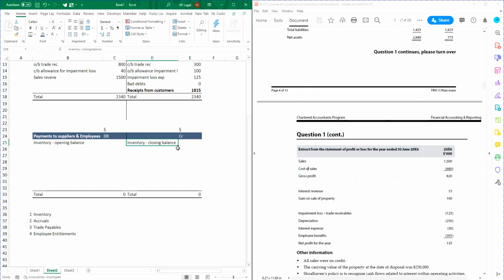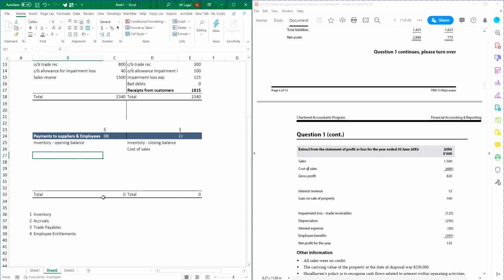Cost of sales is a combination of purchases, closing balance, etc. So what we can do in here is we can work it out by taking the difference. So what we can do is put the negative value over here, the cost of sales. Okay, and we'll figure that out in a moment.